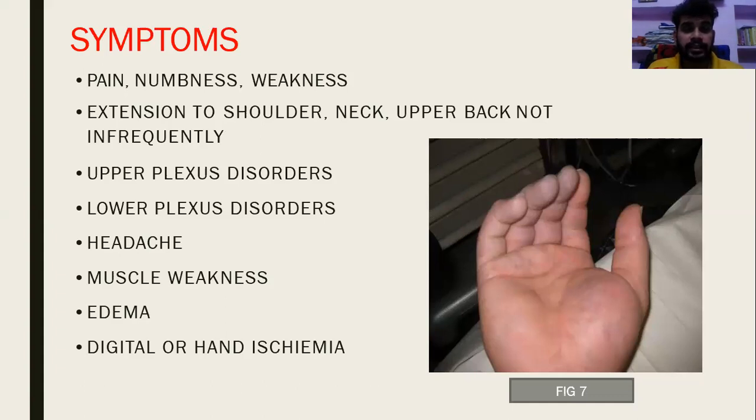We see upper plexus disorders, lower plexus disorders, headache, muscle weakness, and edema, or digital or hand ischemia. Now we see in figure 7 digital or hand ischemia. Generally, we see bleeds in this, and it is due to Queen's contractions.